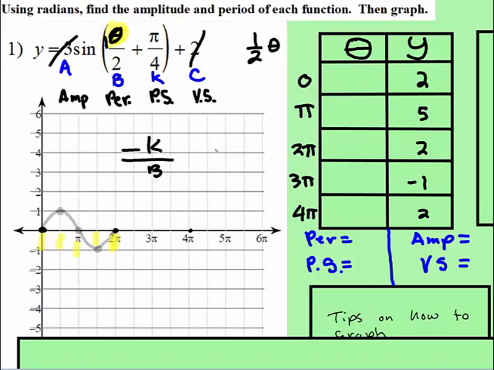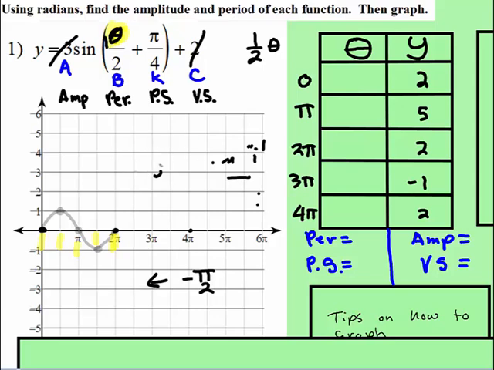Well, k is pi fourths, so it's a negative pi fourths, divided by 1/2. Again, we're going to multiply everything by 2 over 1. The 2 and 4 can cancel. 2 goes into 2 once. So we have to shift everything to the left, so negative pi halves.